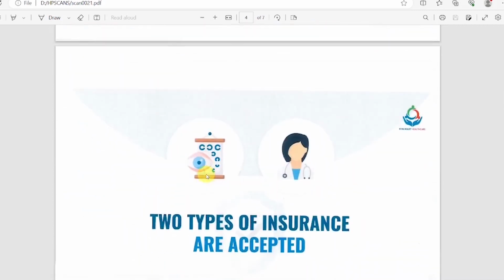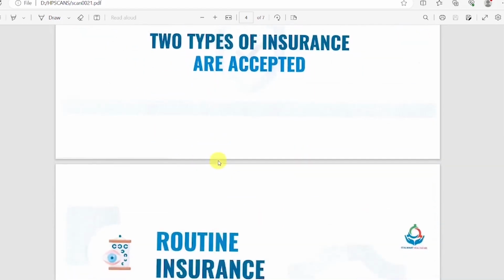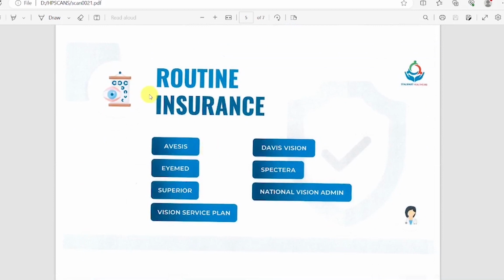Let's take a look at the types of insurance that are accepted. We just talked about the routine diagnosis versus the medical diagnosis. Let's talk about some types of insurance. Here is a list of some routine eye insurance I put together for you on a national scale. These are pretty common.